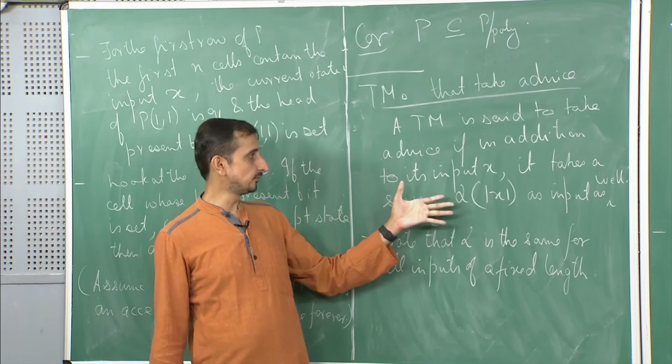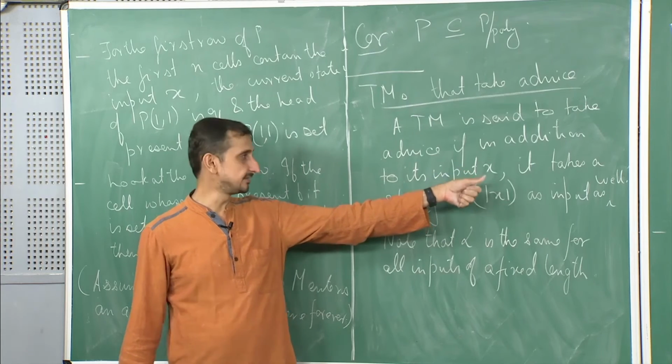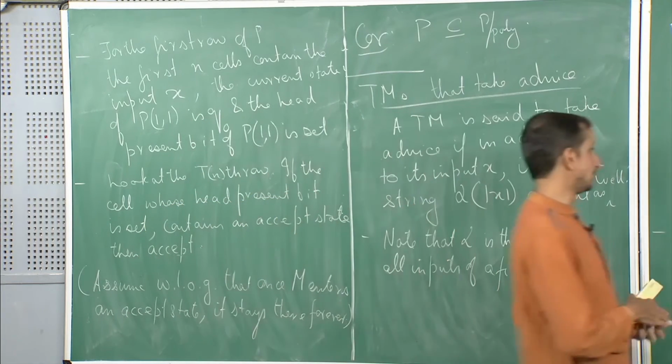So, a Turing machine is said to take advice if, in addition to its input, it has a string that is available to it.